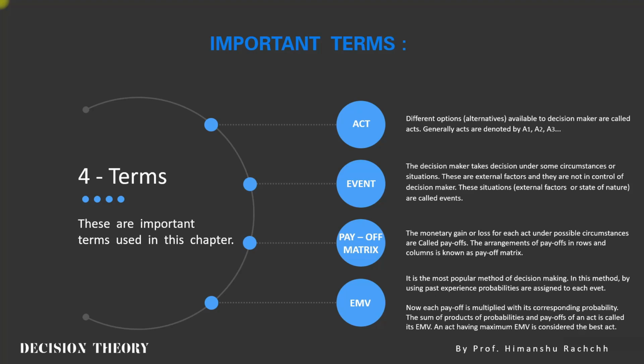The sum of products of probabilities and payoffs of an act is called its EMV. EMV is the sum of multiplications of probabilities and corresponding payoffs. An act having maximum EMV is considered the best act.